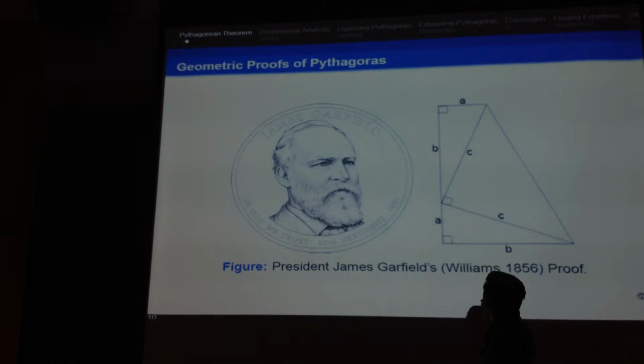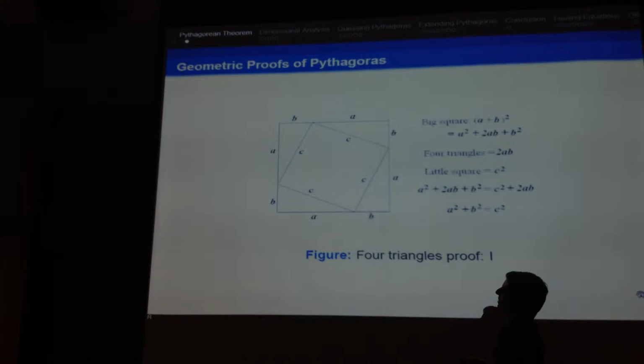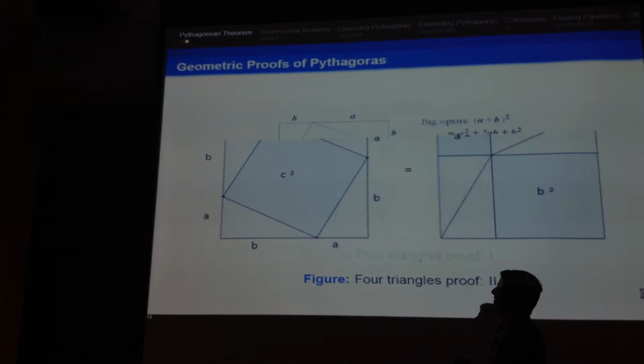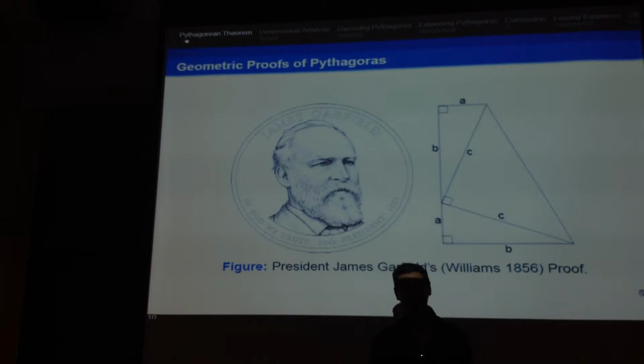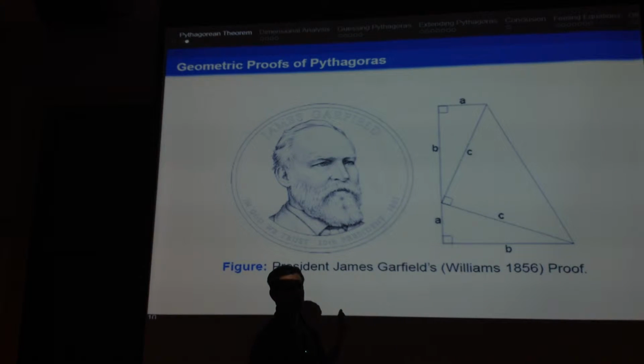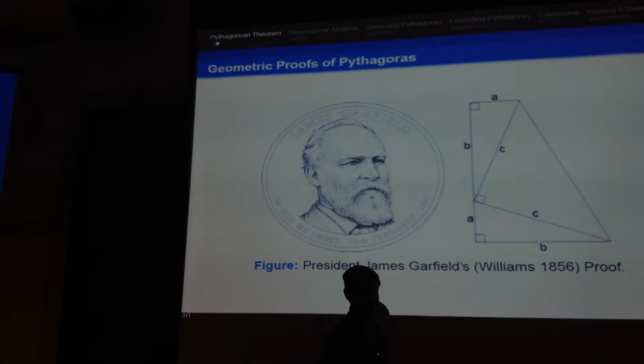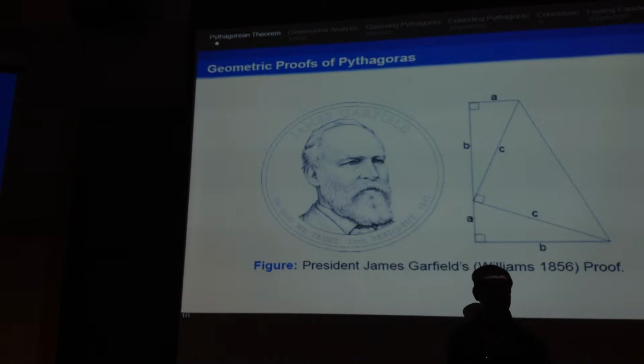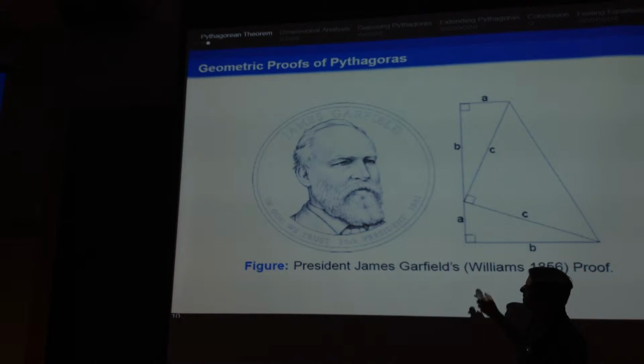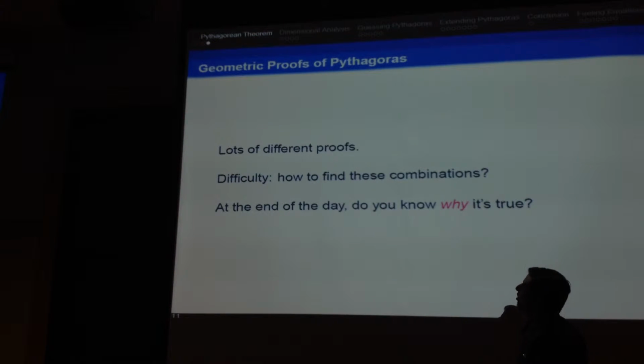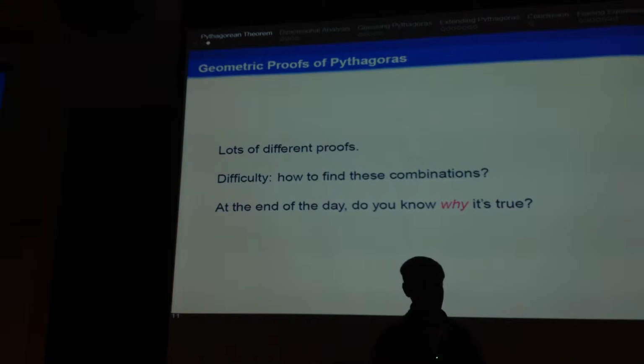And so this is his proof, which is completely different than drawing a line diagonally here. But he is credited with a trapezoidal proof of the Pythagorean Theorem. So again, if you remember your trapezoid relations from high school, you can go back and fill in the details of this. In poli-sci, later in the fall, I will talk about how this did lead to his presidency. So there's lots of different proofs that we can do.